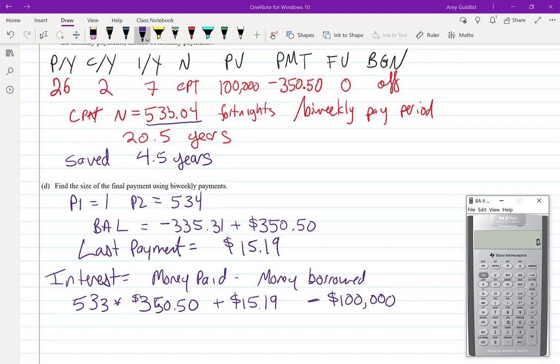Putting that in, let's try that. 533 times 350.5 equals a big number, plus $15.19, subtracting $100,000 that we borrowed, we end up with $86,831.69 in interest, which is different than before.